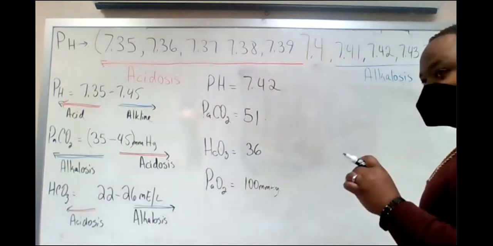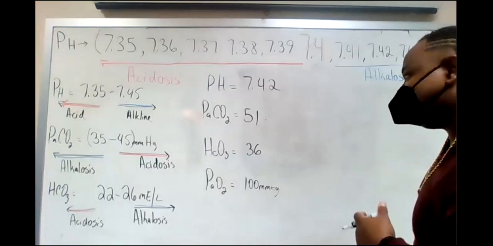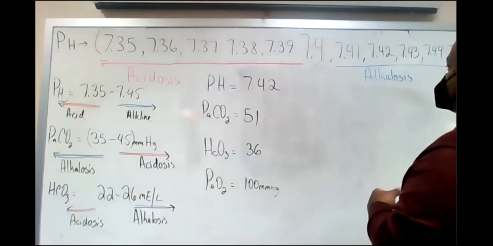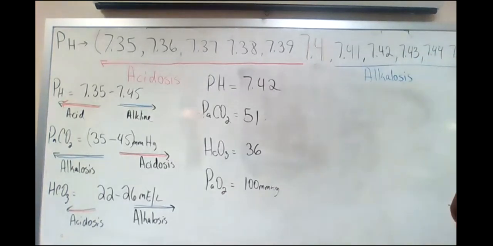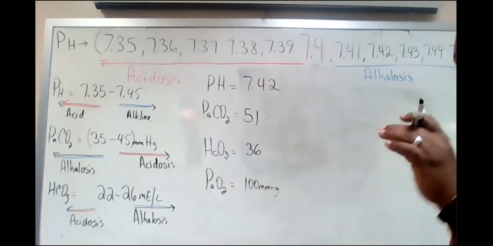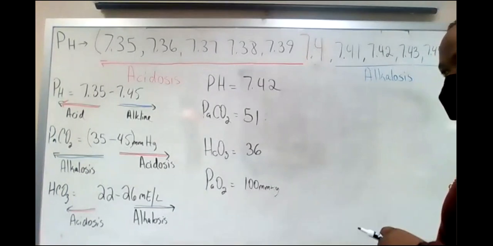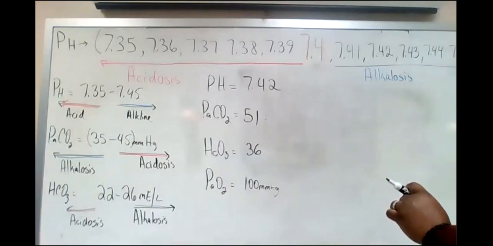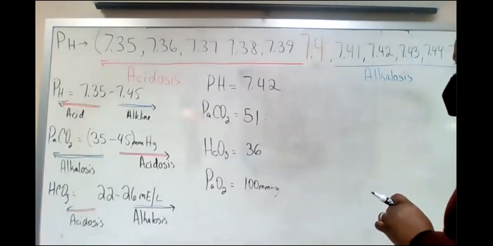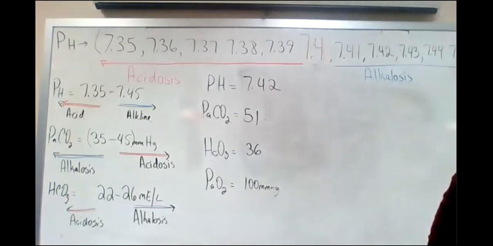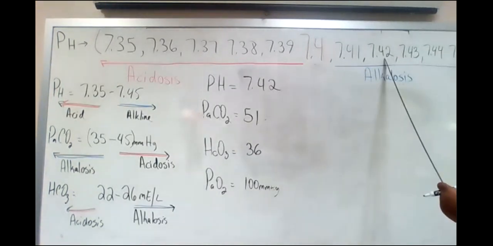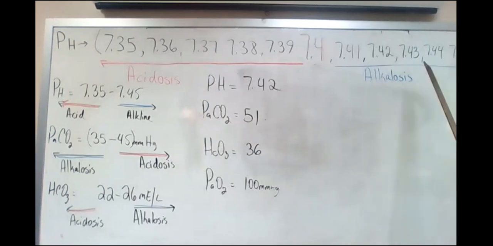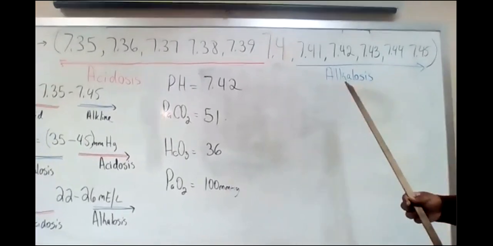All right, Christian, first things first. What is pH doing in this case, Christian? Alkalosis. Alkalosis. But is it in normal range? Yes. I always say that first. Say normal but leaning alkalosis. Normal but leaning alkalosis. Good. Excellent. Because 7.42 is right here. It's still within my normal range.